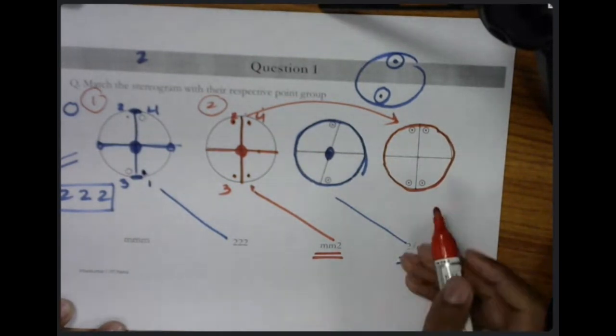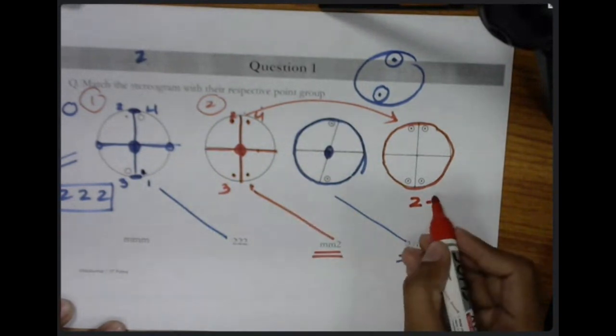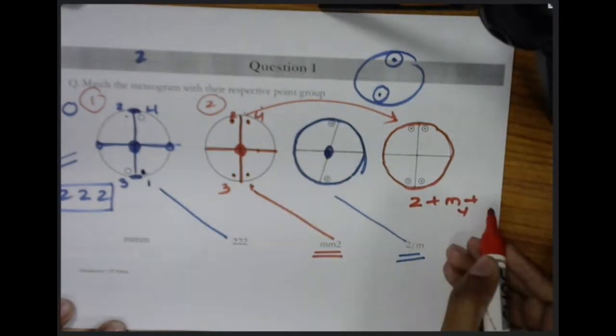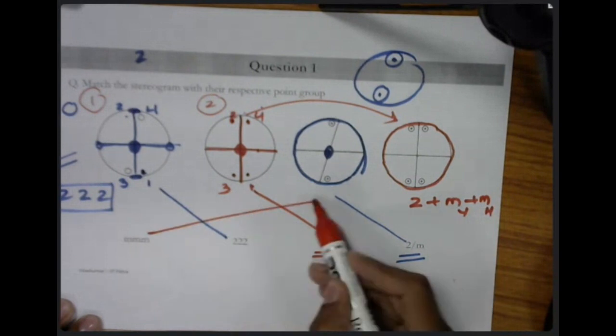And with that we can see that this is a combination of the twofold plus the vertical mirror, plus the horizontal mirror. And with that we can see that this will correspond to mmm.